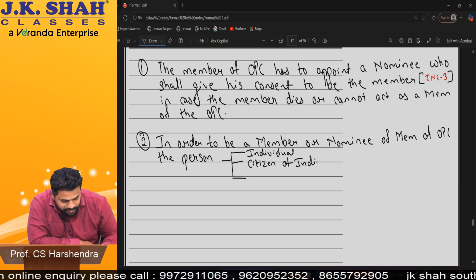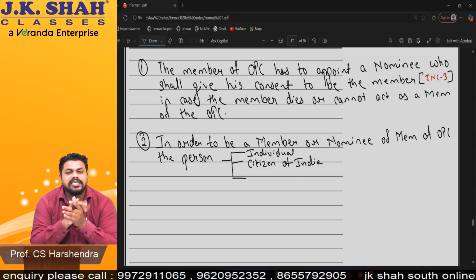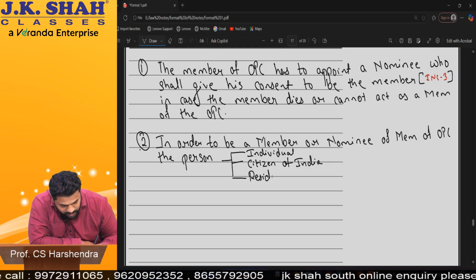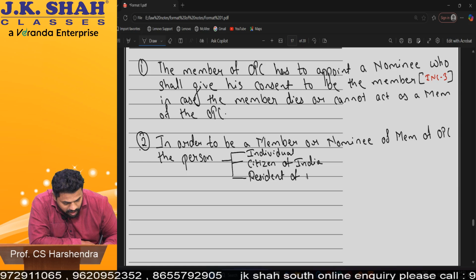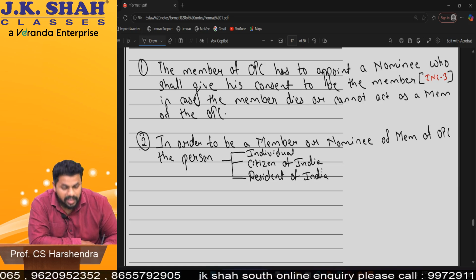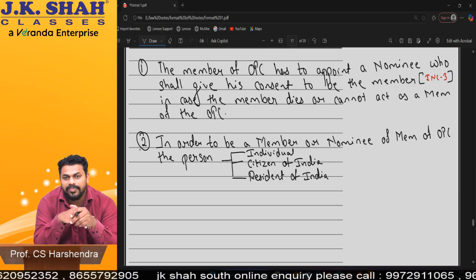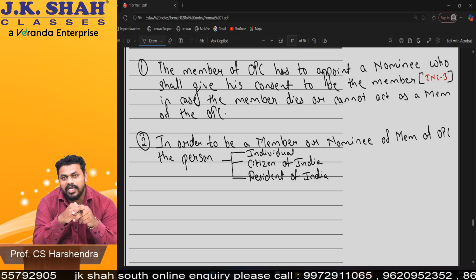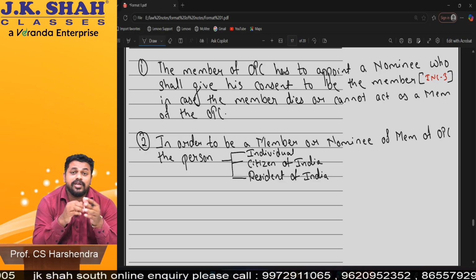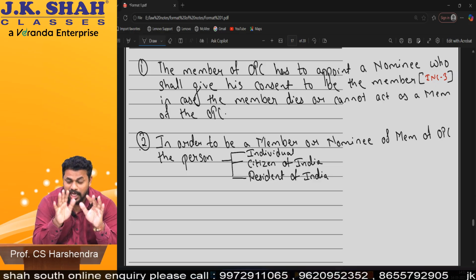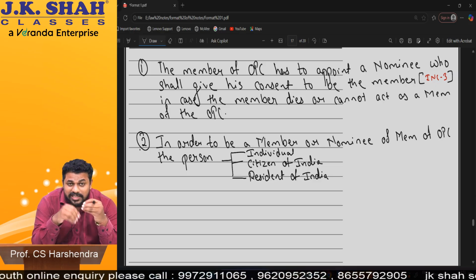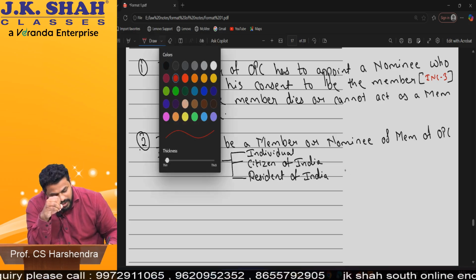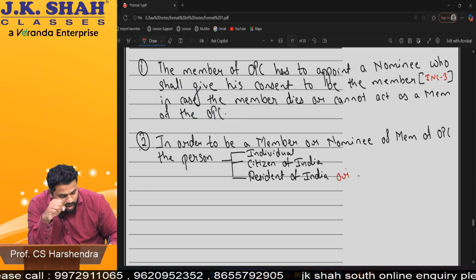Citizen of India. Okay, citizenship he should have. And third is resident of India. What do you mean by resident of India? I'll be called a resident of India this year if I have stayed in India in the preceding financial year for 182 days or more. Correct? But now this resident criteria is not required because the amendment says he should be resident of India or otherwise.